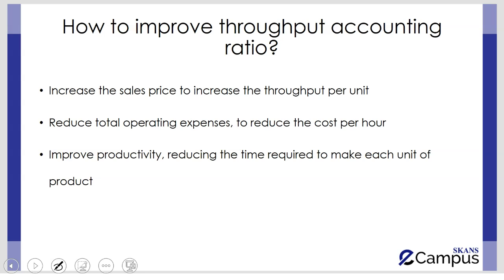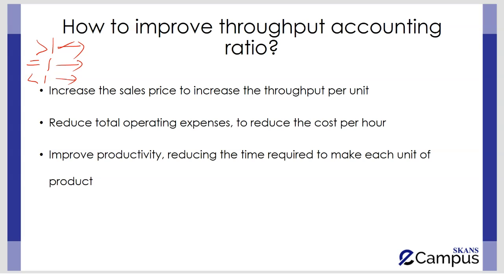So if the throughput accounting ratio is greater than 1, this shows that the product is generating more throughput than the costs. If it equals 1, it means that throughput return equals cost per limiting factor, and if it is less than 1, it means that the costs are greater than the throughput return, right? So this shows profitable products, this is break even, and this may be products which are not good for profits overall.